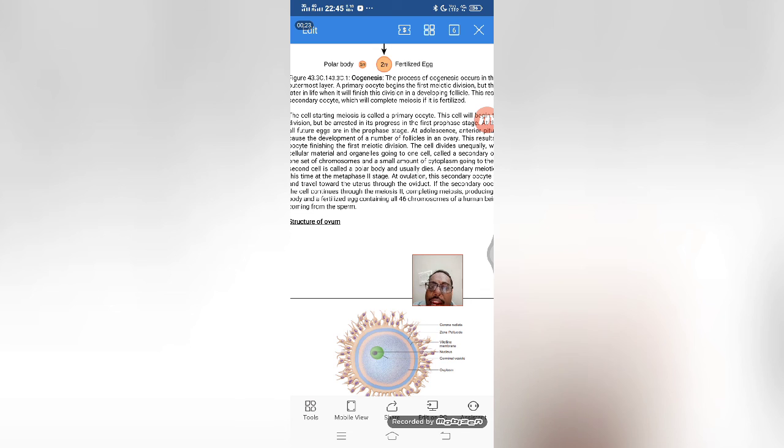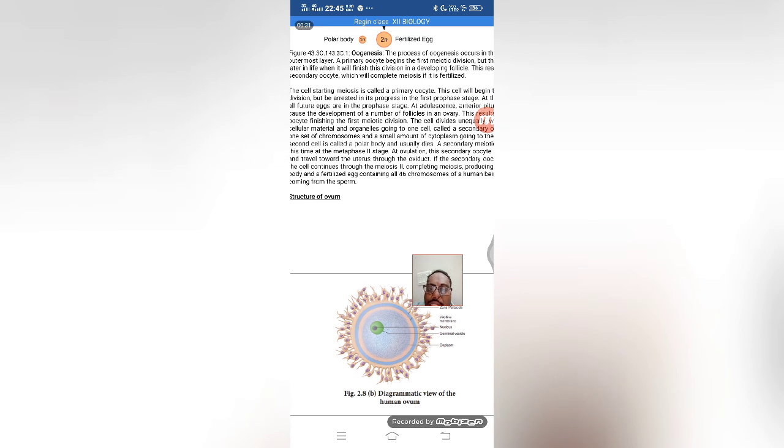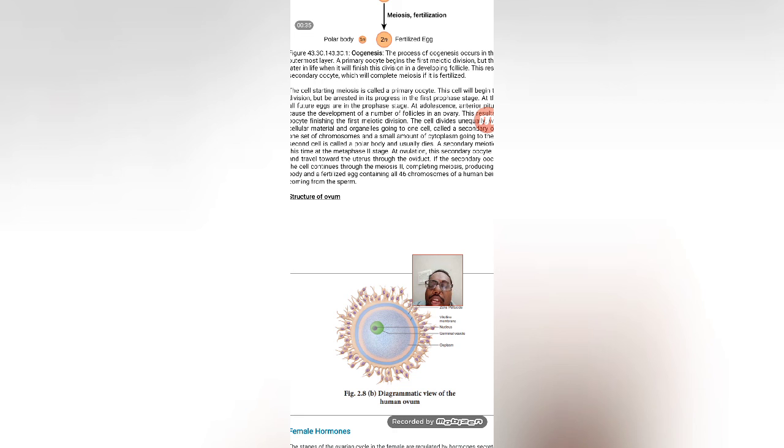And what is the importance of this vitelline membrane? Whenever a sperm hits an ovum or enters inside the ovum, if one sperm has entered, then the others are prevented, which protects against polyspermy. That means they will not allow the other sperms to come inside.